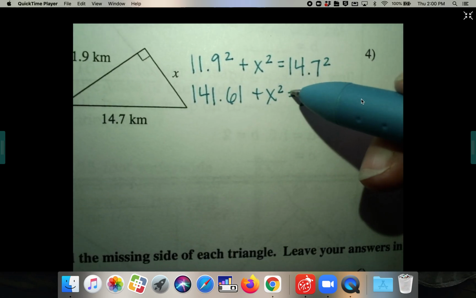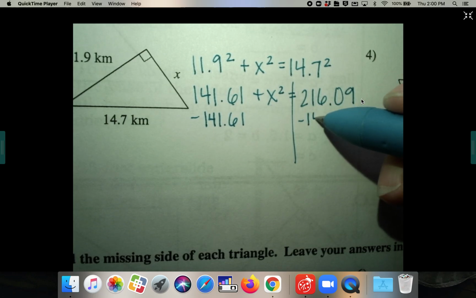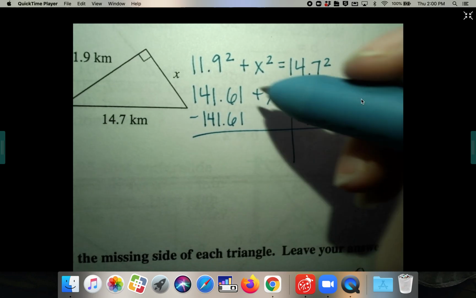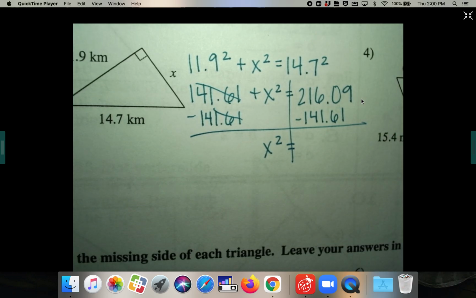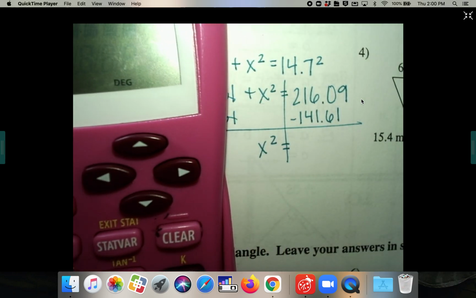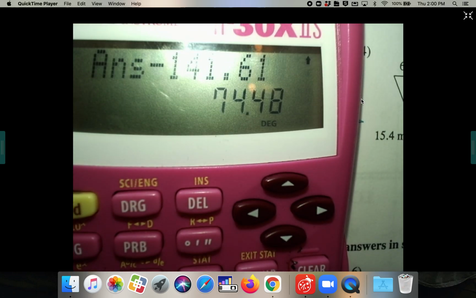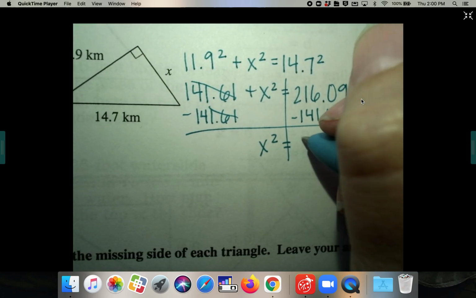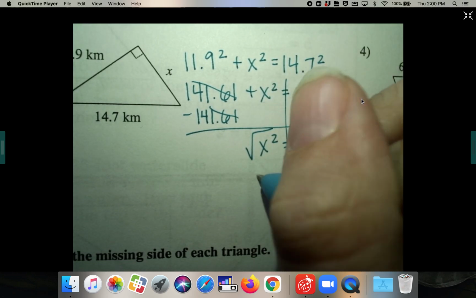I'm going to subtract this from both sides. If I'm going way too fast, you can definitely push pause. I just know that this is kind of a review, so I'm going a little bit faster than I normally would if you were learning this for the first time. I got 74.48, and we're going to square root both sides.